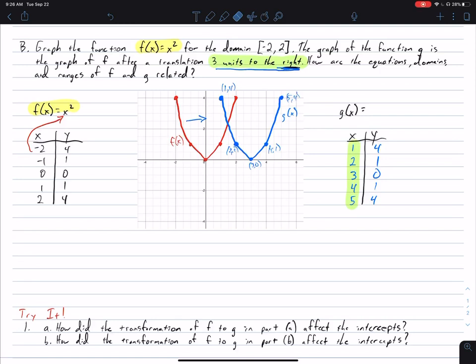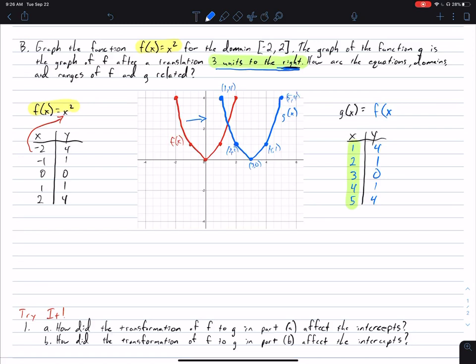So what's happening is all of my x values, the numbers like 2 became 5. 1 became 4, 0 became 3, and so on. So what I'm actually looking at is that they're all moving to the side. So my g of x value, and this is where this gets a little tricky, is going to be my x values.